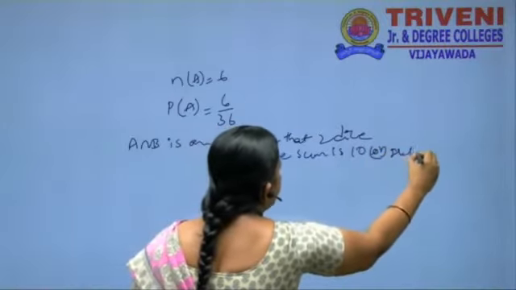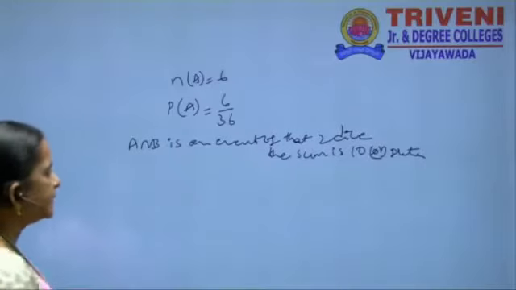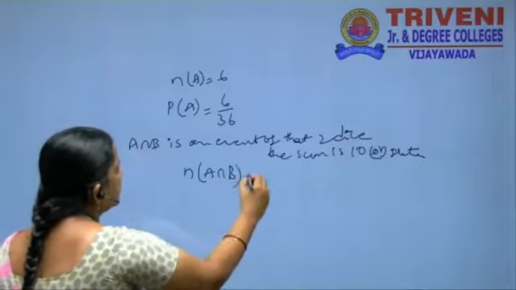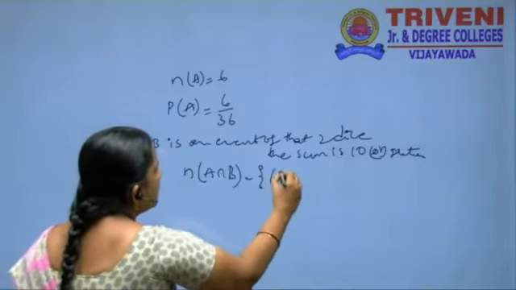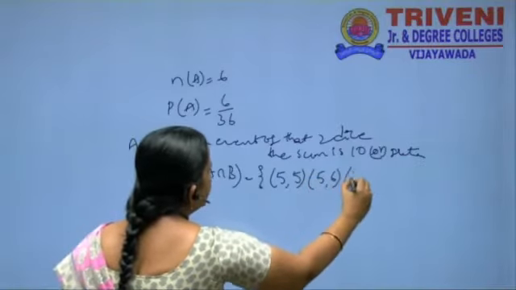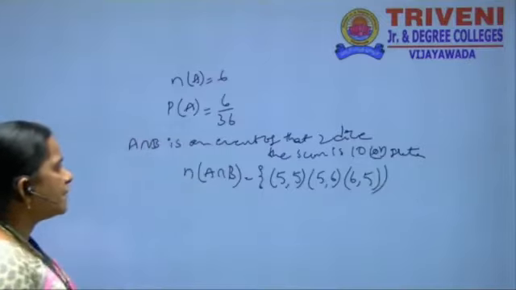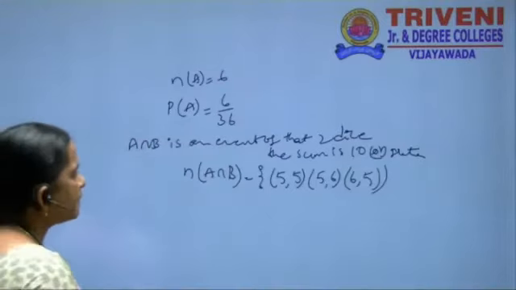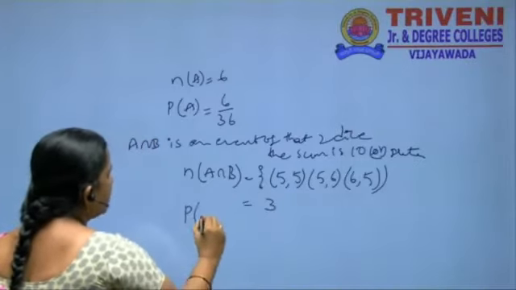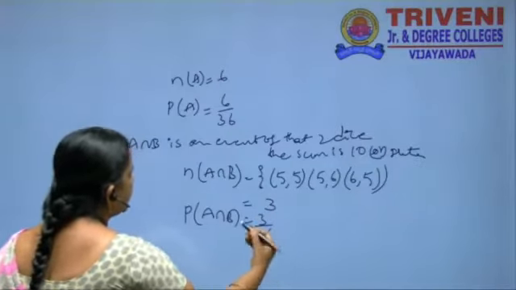That is, N of A intersection B is 5 comma 5, 5 comma 6 and 6 comma 5. How many chances are there here? 3. Then P of A intersection B is equal to 3 by 36.